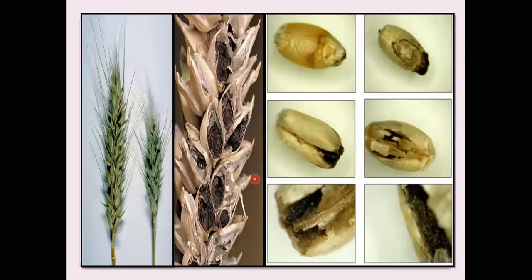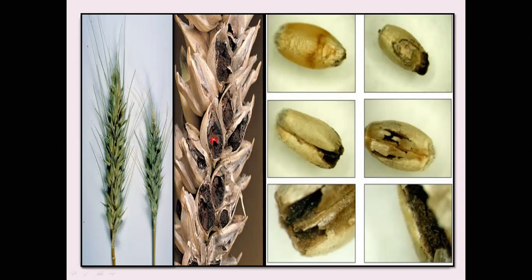Look at these pictures of the infected earheads in which individual grains are infected. Means these pathogens attack the earheads at the time of grain development, when the fungus directly attacks the developing grains.